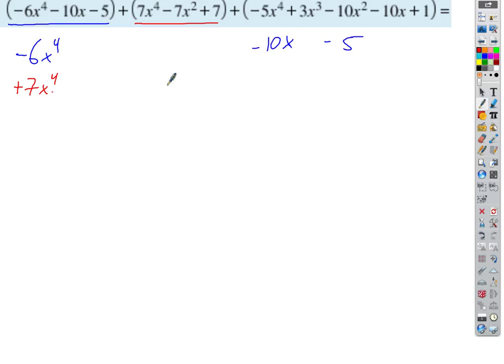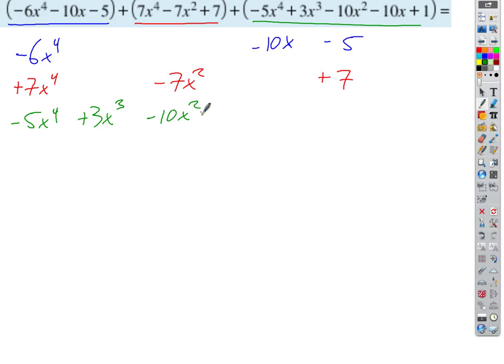I've got an x squared though, a minus 7x squared, and then a plus 7, right? Okay, this one will be green, how about? So now I'm going to add a negative 5x to the 4th, same as subtracting it. I've got a plus 3x cubed minus 10x squared minus 10x plus 1.